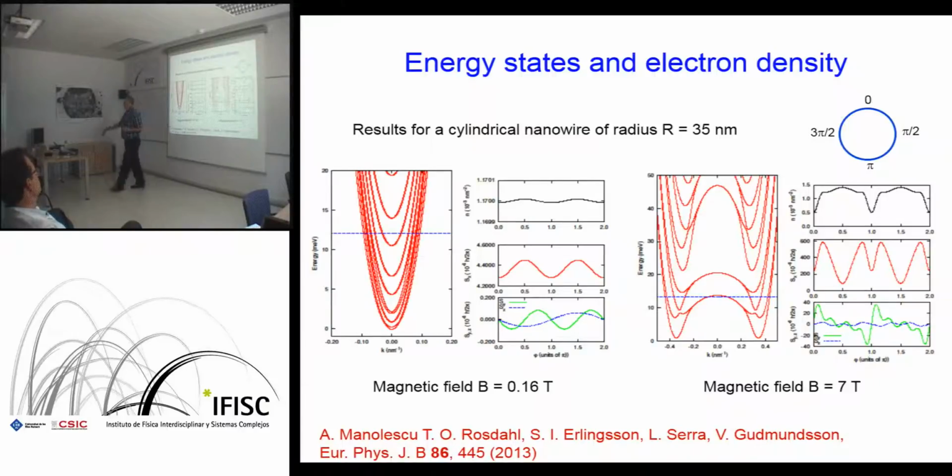If the electron is on the sides, then it will travel along these snaking orbits approximately like a free particle, something with the energy dispersion approximately k squared. But the electron can also be here if it has enough energy.